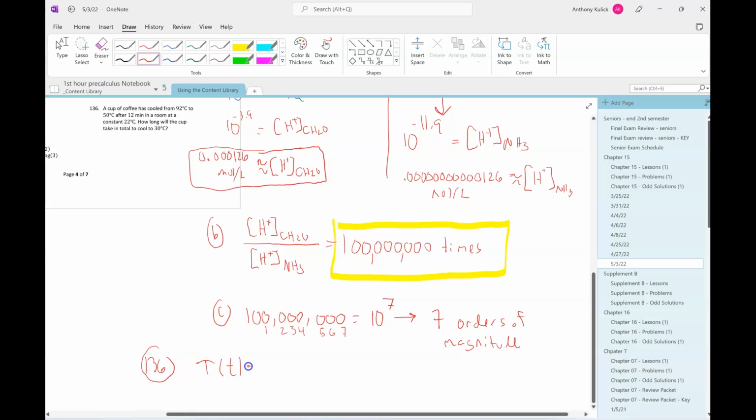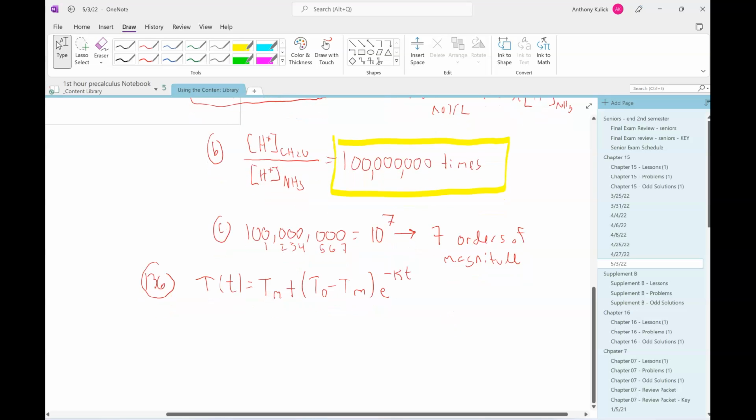So the formula that we gave you was this. T of t is the temperature of the substance t minutes after removing it from the heat. Tm is the surroundings temperature, like the temperature of the room.